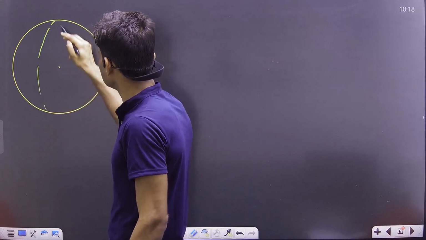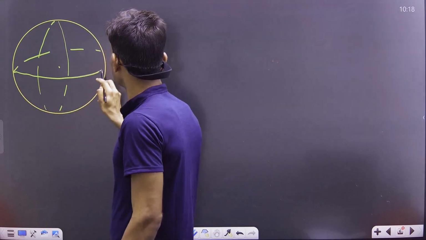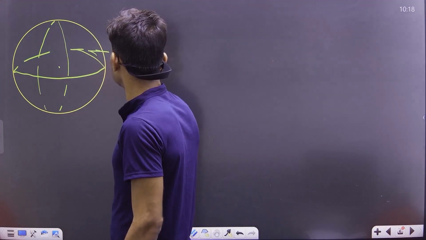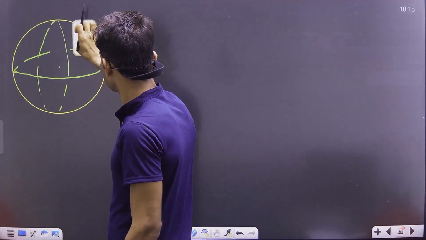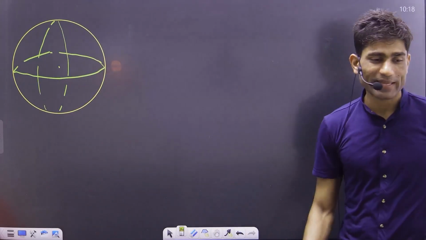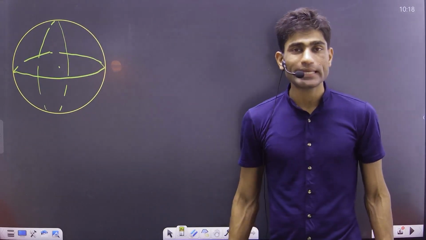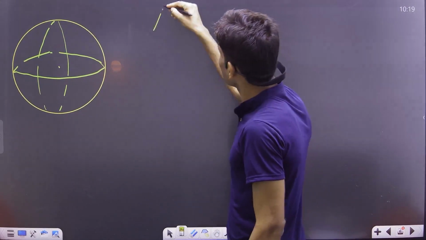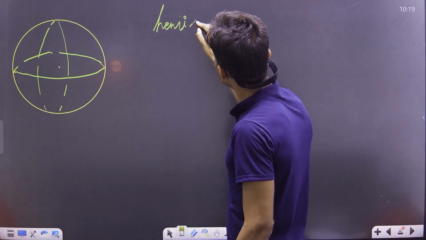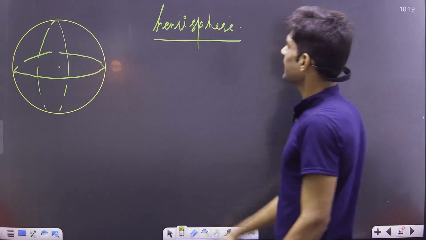It is a spherical shape. This one looks like a spherical shape. We have already learned everything about a sphere. Now let's go for the hemisphere.